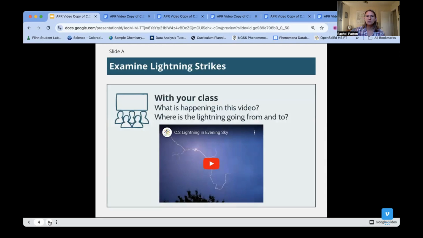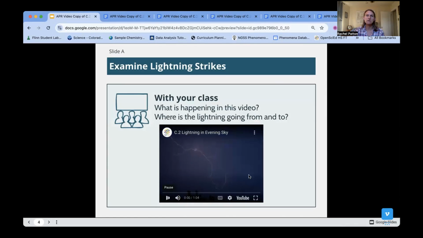So the first thing I want you to do is, as you watch this video of lightning, just think to yourself and jot down some notes of what you see happening, and think about where you see the lightning coming from and where you see the lightning going to.